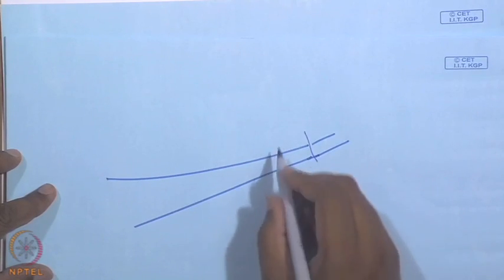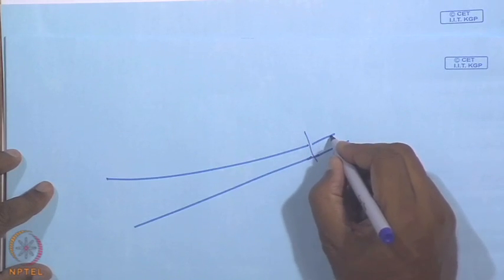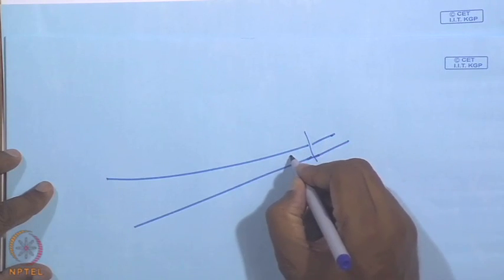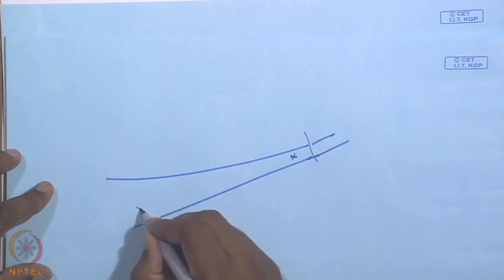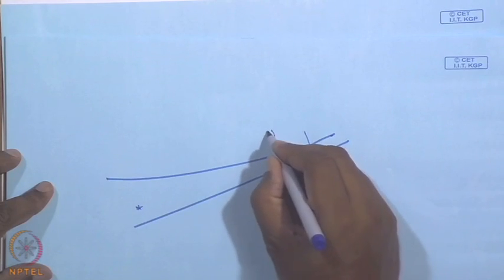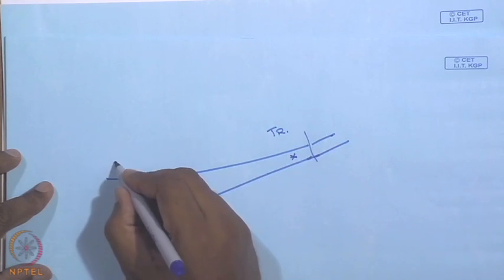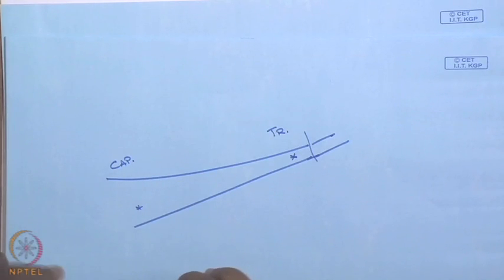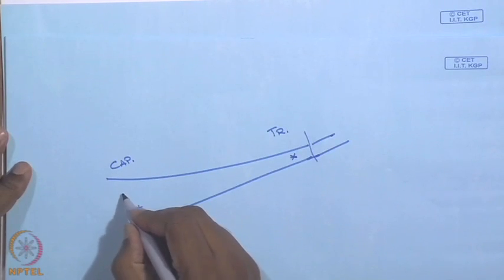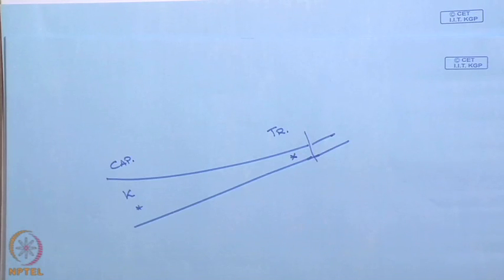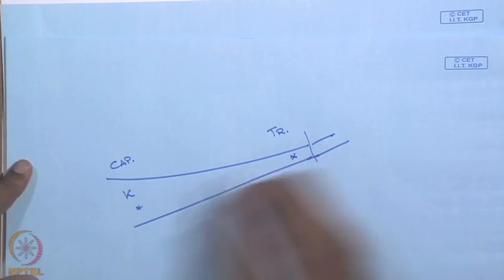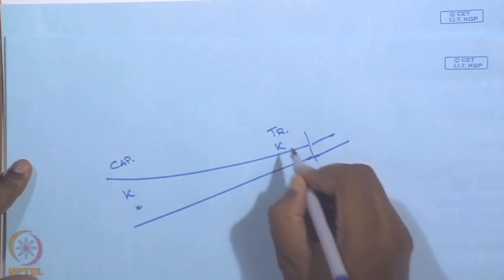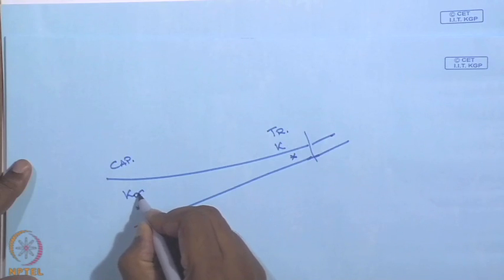So, I am going to pick 2 points, one in the transition region and one in the capillary region. Let us say the transition region curvature is k and the capillary region curvature is called k infinity.